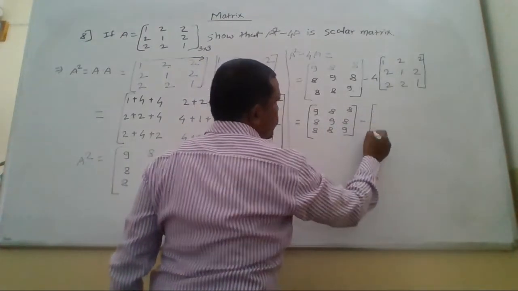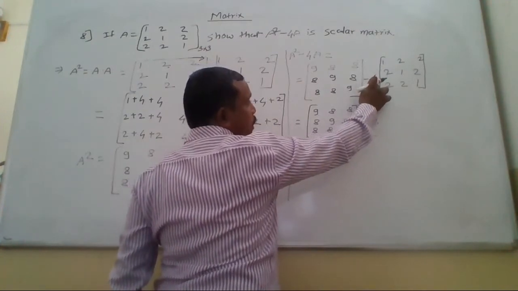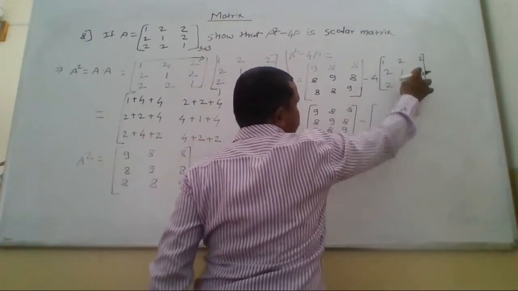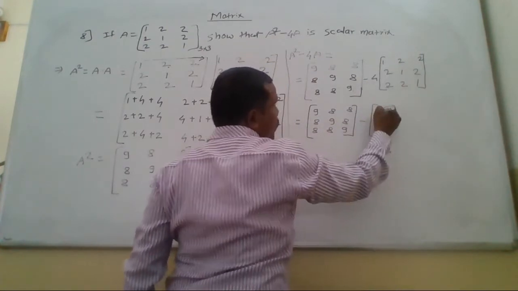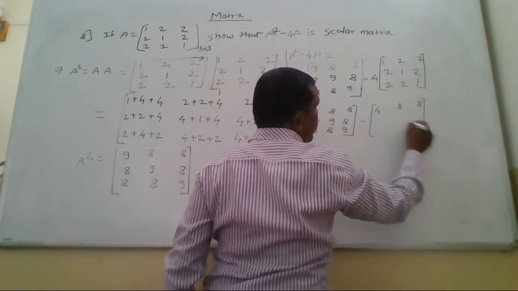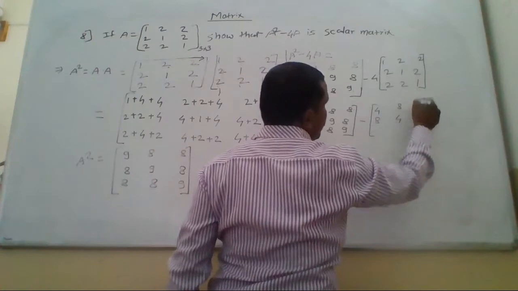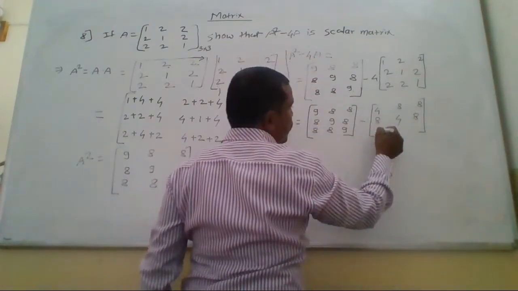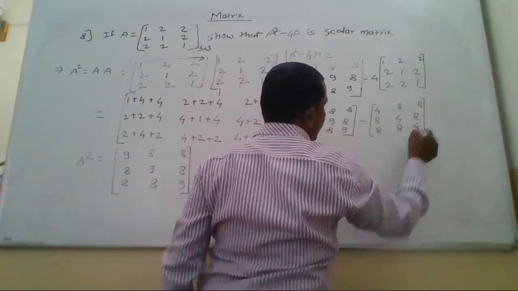Now scalar multiplication of a matrix. 4 is just any number, so multiply each element of the second matrix with 4. So 4 into 1 is 4, 4 into 2 is 8, again 8, and 8, 4, 4 into 2 is 8, here also 8, and 4 into 1 is 4.